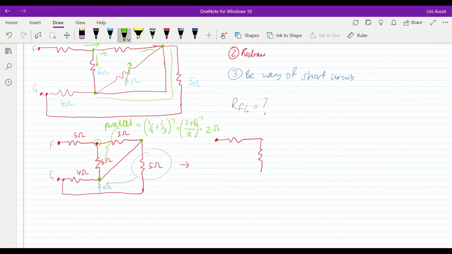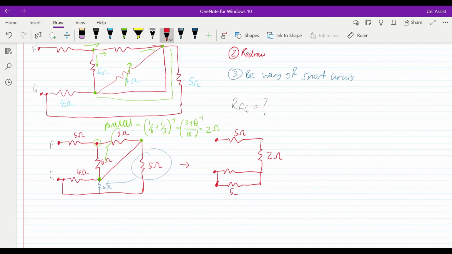I'm going to include that in my simplified circuit, so I can change this to 2 ohms. And as I was saying before, we were able to translate the 5 ohm resistor downwards. Redrawing all of this information together, I effectively get something that looks like this.